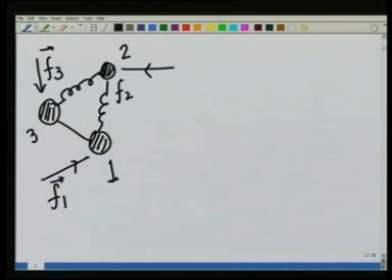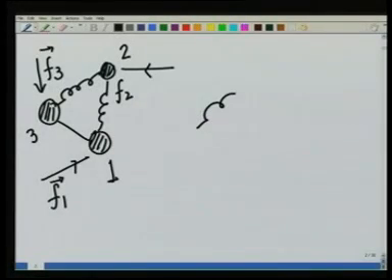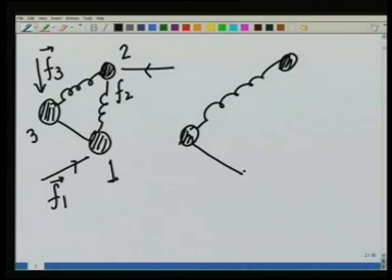and let the force on particle 3 be F3. As we apply these forces, in the next instant I could have a different situation in which the particles could be, maybe the spring has stretched. This, let us say, is a rod which cannot change, and maybe this spring has stretched.